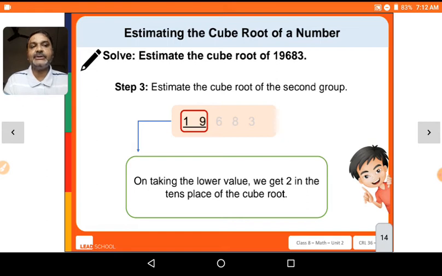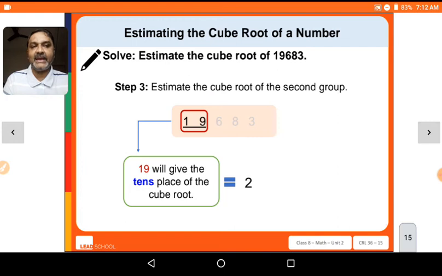Taking the lower value, we get 2 in the tens place of the cube root. Between 2 and 3, the lower one is 2. So on taking the lower value we get 2 in the tens place of the cube root.